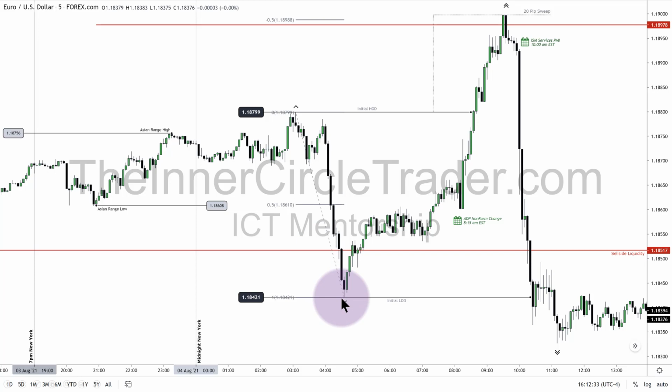All we're doing is looking for this range here to here and deviations above and below that are in increments of half of the range. This is 1, 2, 3 of 1/2 of this range. Okay, so 1/2 of this dealing range, high to low. This is 1, 2, 3.